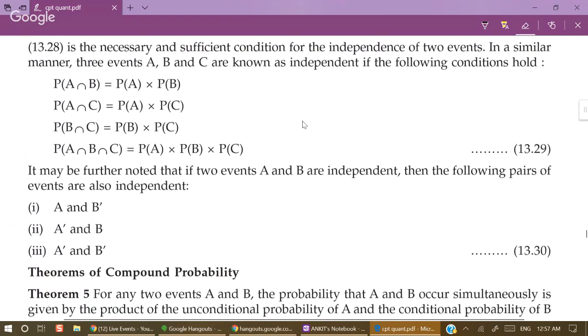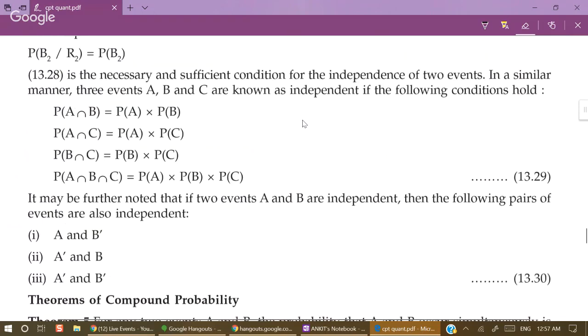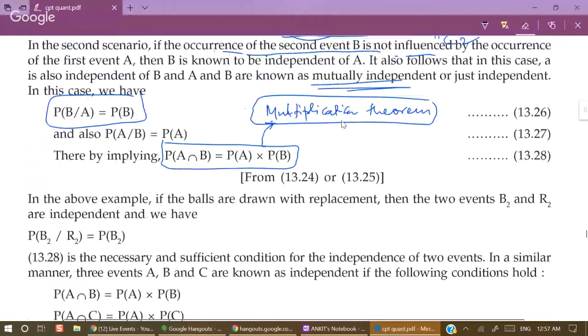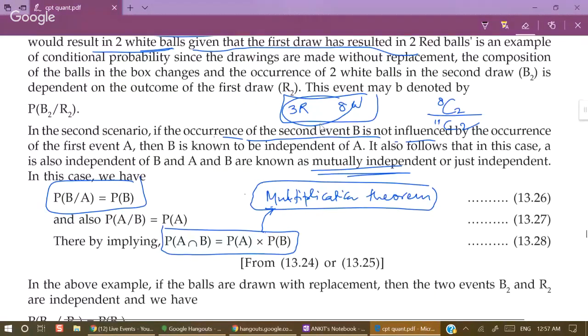In the next video we will start from compound probability and try to finish the topic at least. This particular topic is very big alone, so we'll try to finish it in time, and I assure you that we will finish the entire probability section in at most a couple of weeks.